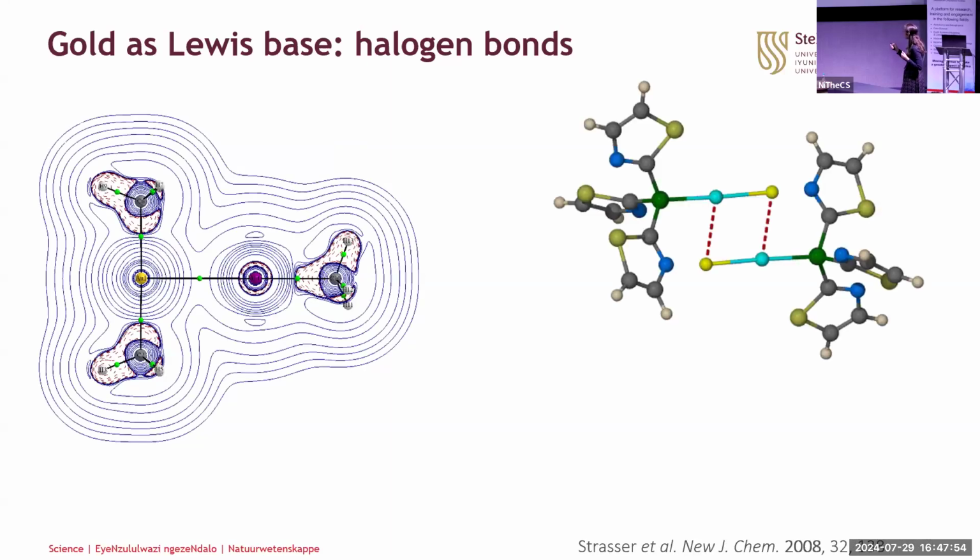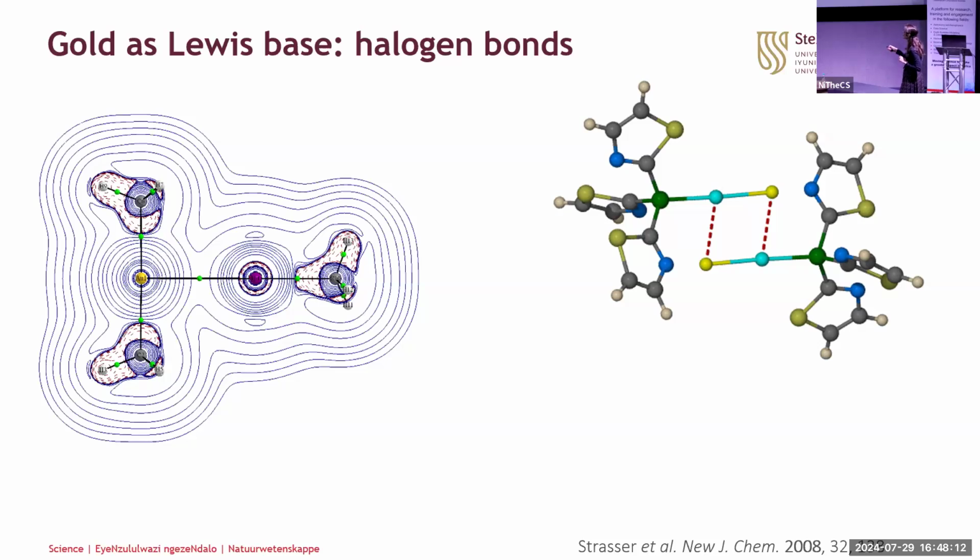We know they're a halogen bond and not just an interaction between a gold and a chlorine, because it would be a side-on interaction if the positive charge was interacting with a negative halogen, and it would be sideways like this.